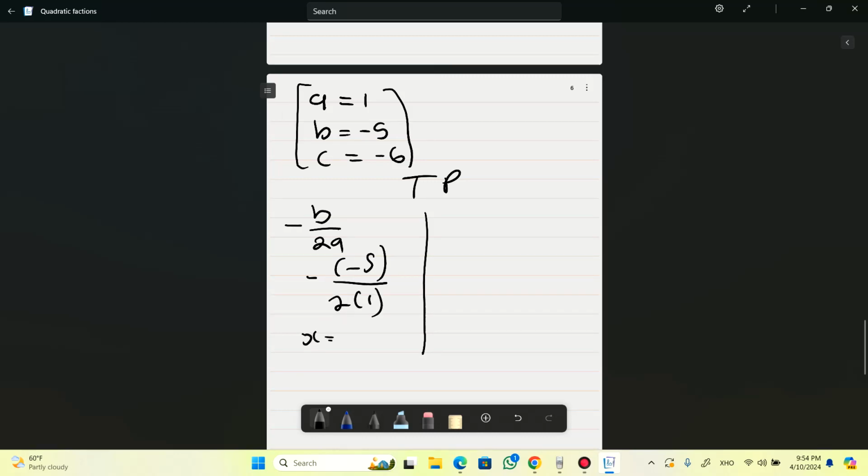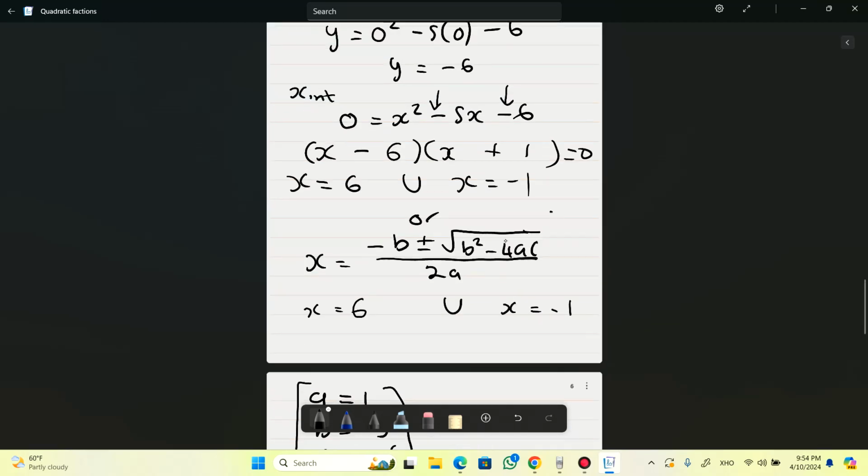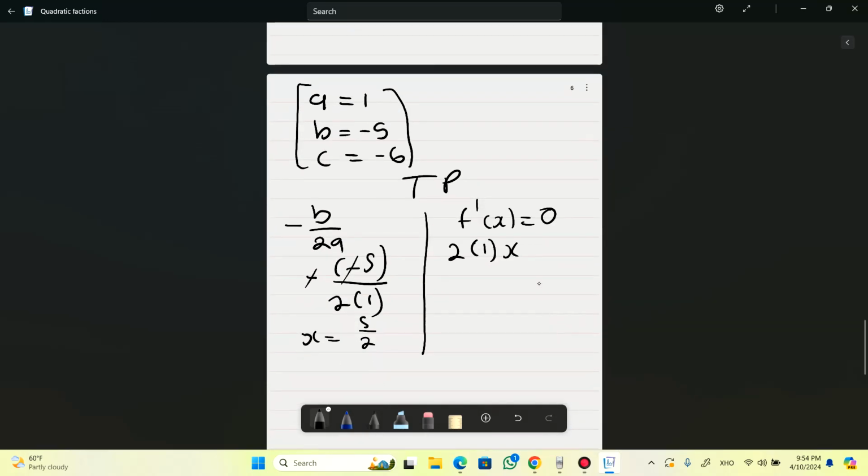Therefore my x value will be the negative, and the negative gives us positive, therefore it is 5 over 2. If I use f prime of x equal to 0, therefore I have 2 times my a, which is 1, times x, and then negative, my b being 5, equal to 0.